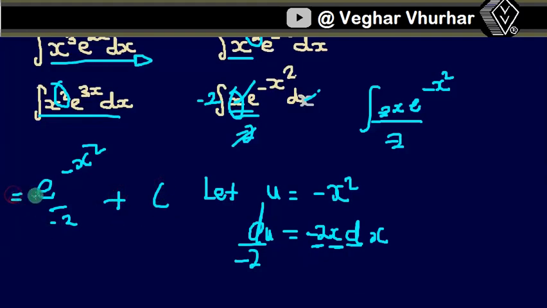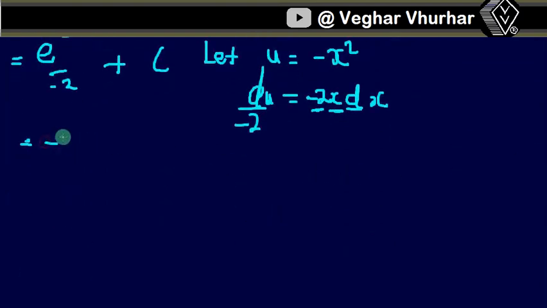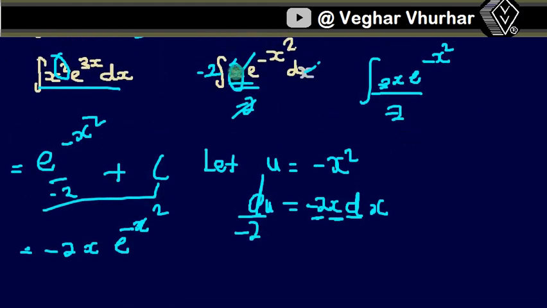Integral is the reverse of derivative, remember. So when you derive this one, the derivative of e to the power is e to the power. You're going to get the derivative of your integral, which is the same as this one, but because there's 2 here and there's 2 here, these 2 will cancel.